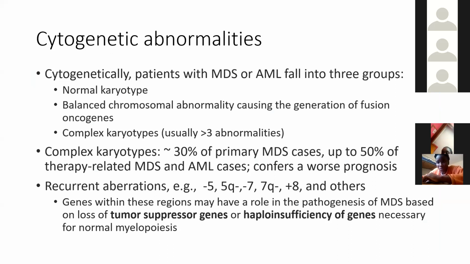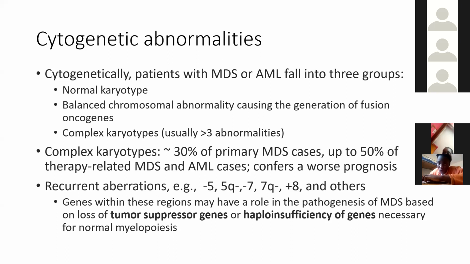This is very similar to what you saw in chronic myeloid leukemia, where you have a balanced chromosomal translocation. And then there are those where there are very complex, where there are more than 3 abnormalities. Sometimes we're not even able to identify all the abnormalities that have happened.